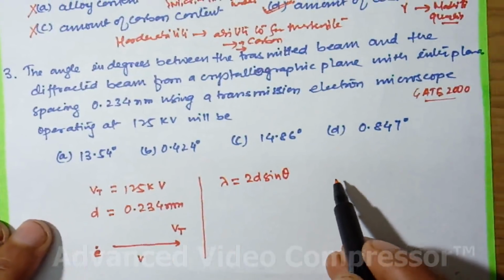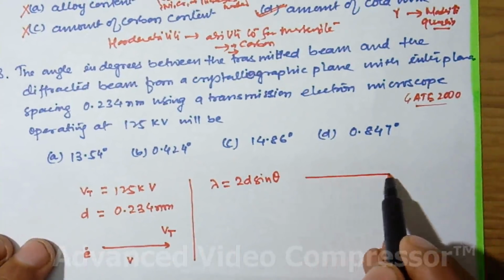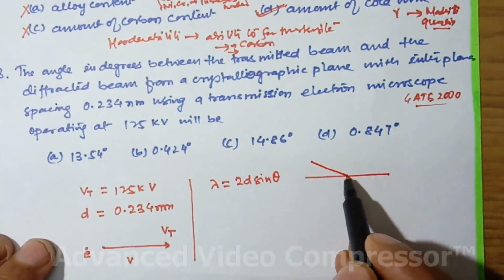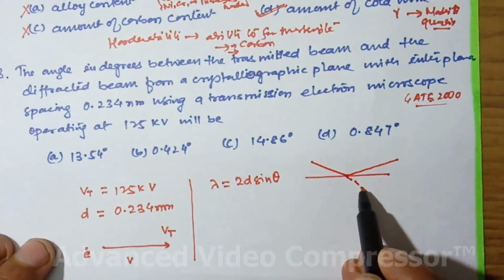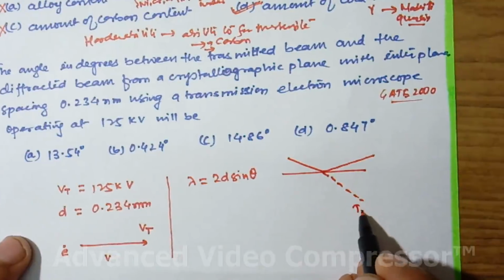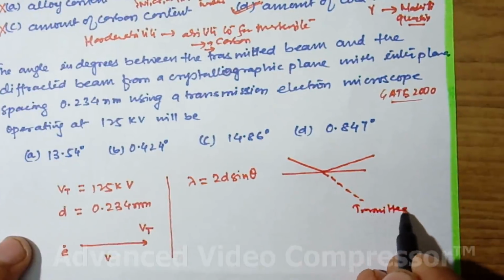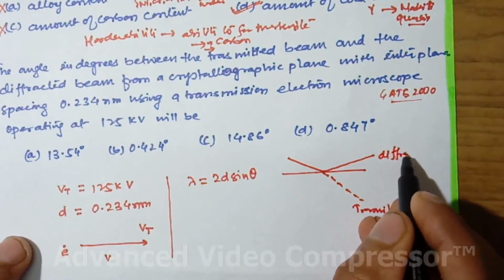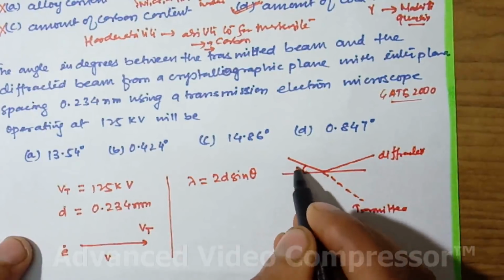I will draw the diagram. The diffraction takes place like this. This is the transmitted beam and this is the diffracted beam, and this is theta.